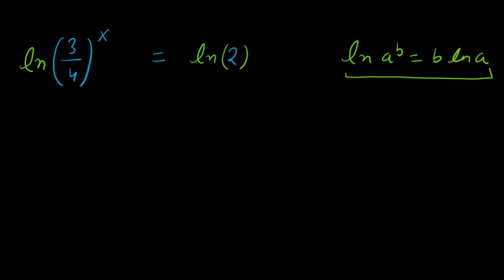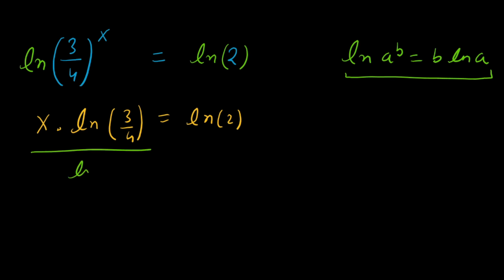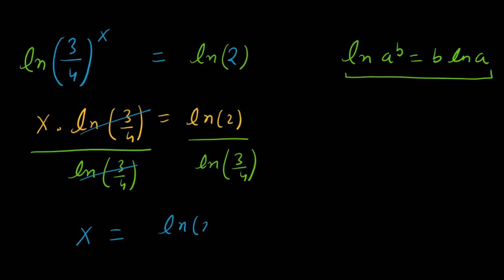If we apply this rule on the left-hand side, then this expression is x times ln(3/4), and this equals ln 2. Now if we divide both sides by ln(3/4), this expression cancels out, then the value of x is ln 2 divided by ln(3/4). This is our final answer.